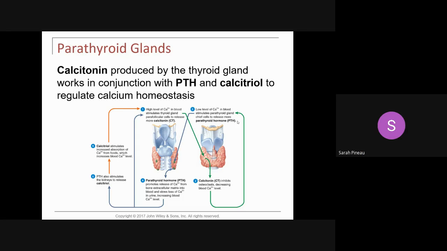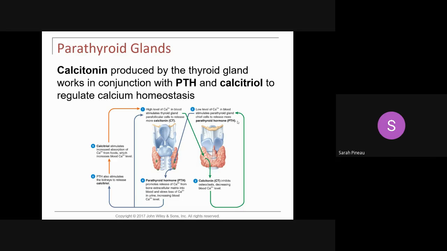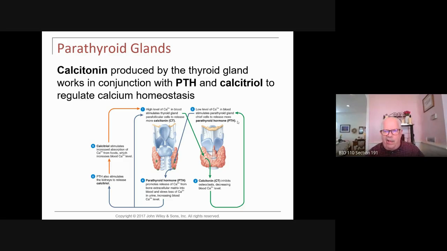Okay? Now, let me ask you this question. When you destroy bone by stimulating the osteoclast, what mineral goes into the bloodstream? Calcium? Thank you. So, if your calcium level is low, Sarah, and parathyroid hormone increases calcium level, which cell in bone does it stimulate to break down bone?